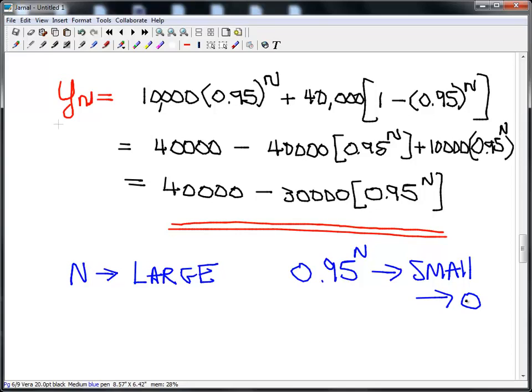And in the long term, this entire expression will just converge to 40,000, because 30,000 times 0 is just 0. So in the long term, the y of n is going to converge to 40,000. Okay. So that's the end of the presentation.